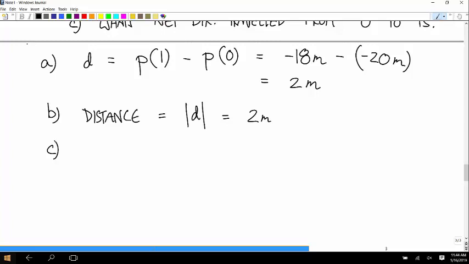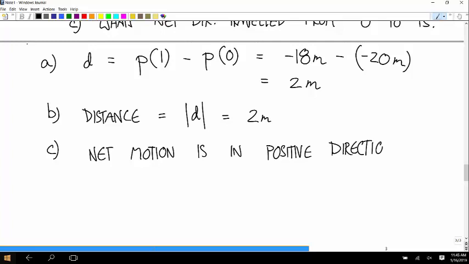It's in the positive direction. If we had come up with a negative displacement, it would have been in the negative direction. So the net motion is in the positive direction. Any questions about that?